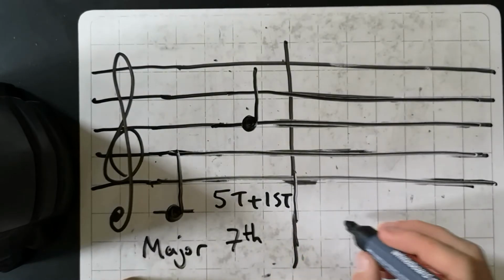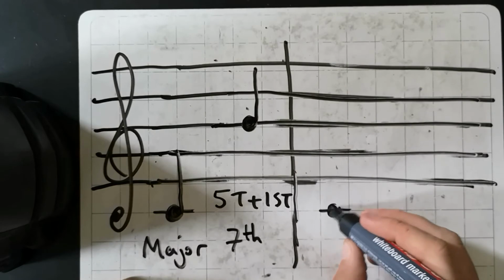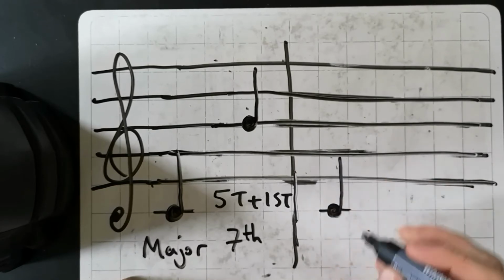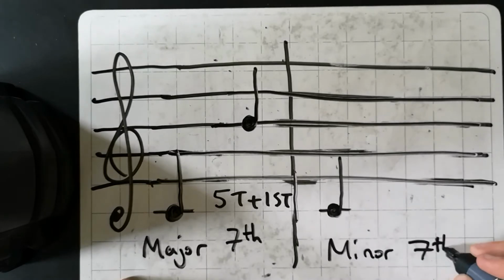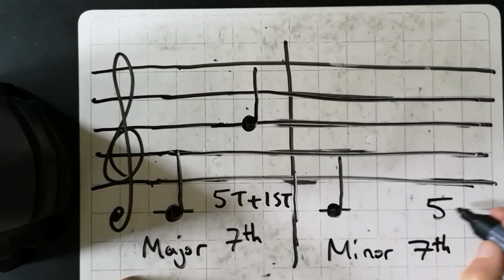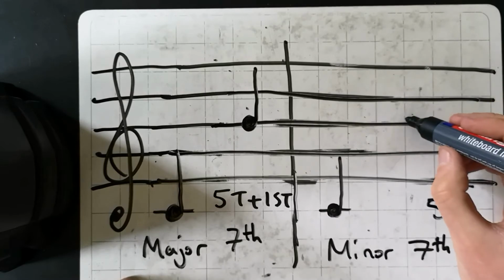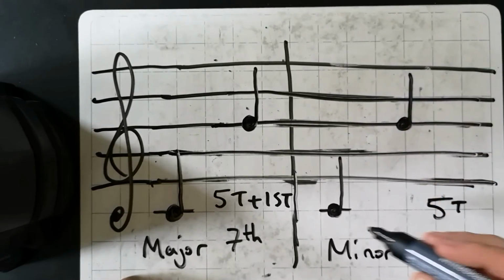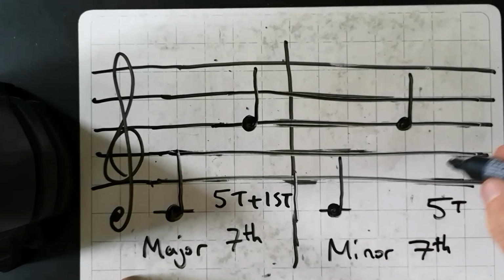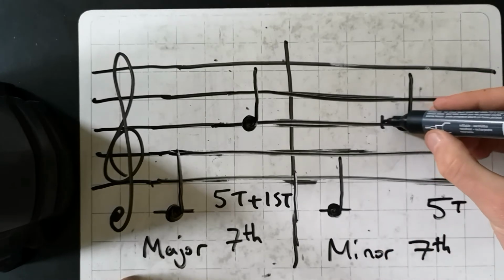Okay, if I was to do a minor seventh, starting on C, that would only go up 5 tones. So it's still got to be on B, and 5 tones up from C gets me to B flat.